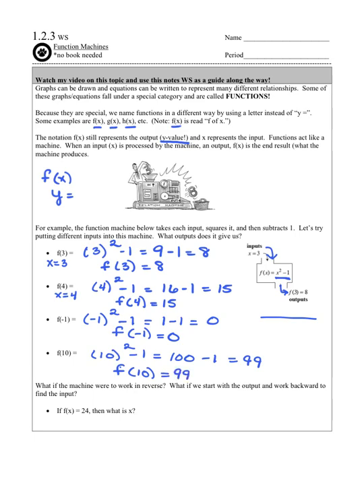How does this relate to things we've learned in the past? Well, typically when we've looked for inputs and outputs in graphs, we've made a table of values.